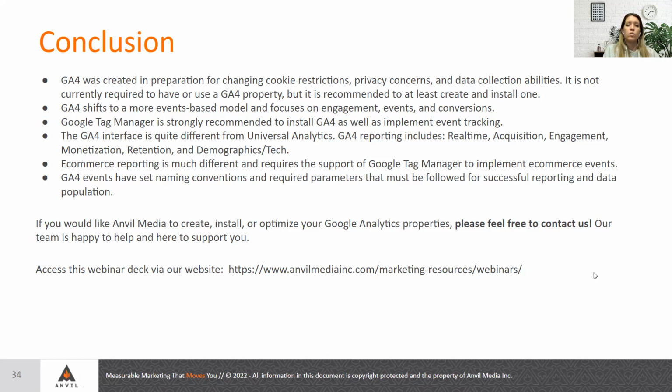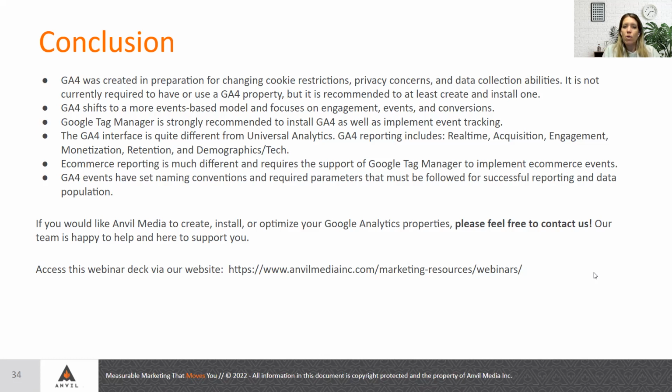So Google Analytics 4 is really focused on engagement, events, and conversions. It is really helpful to have Google Tag Manager. It's strongly recommended to install Google Analytics 4 and implement some of the event tracking that we covered in the previous slides. Within the Google Analytics 4 interface, we have the reports that are somewhat similar and somewhat different than Universal Analytics.